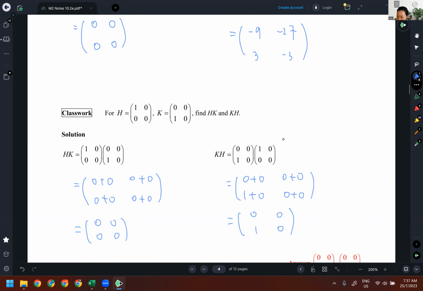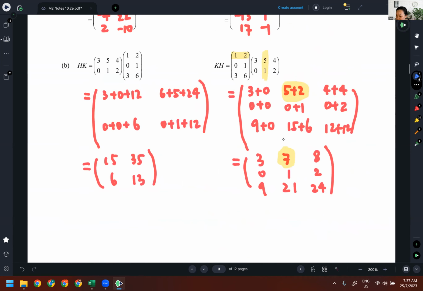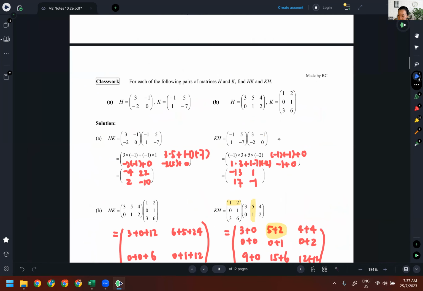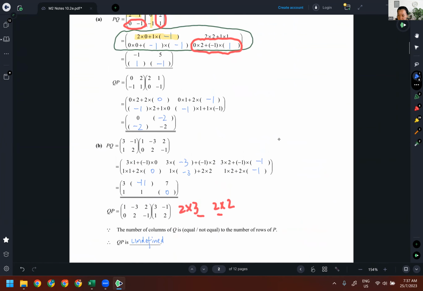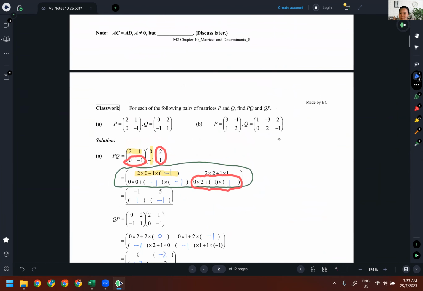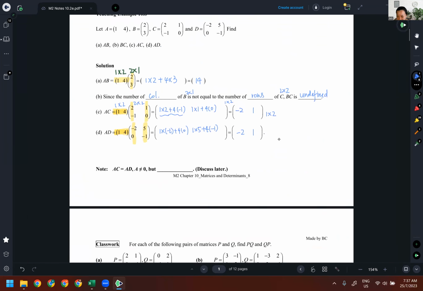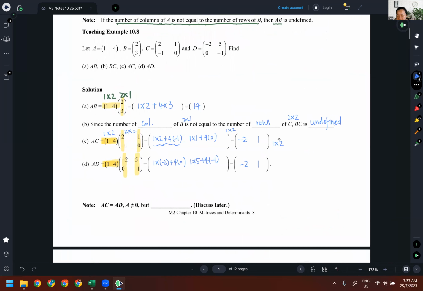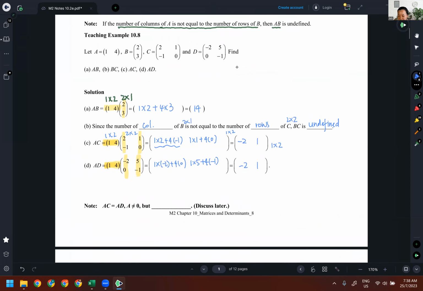Now, we have explained two examples just now. And then I think we're ready to discuss how peculiar the multiplication is. The first thing. From the first teaching example, you can see that there's something weird.